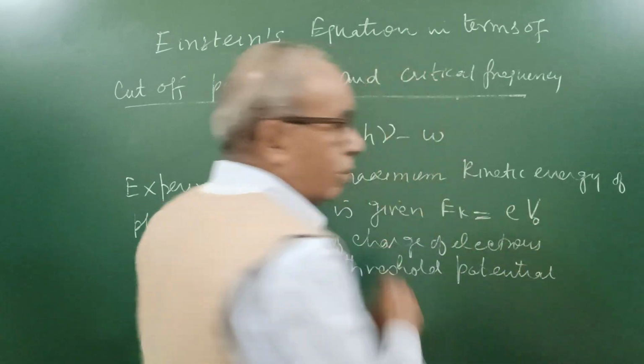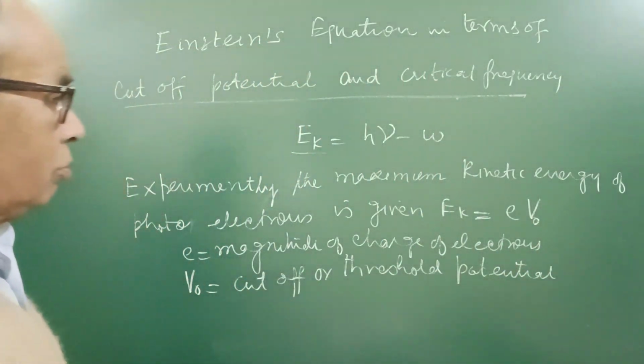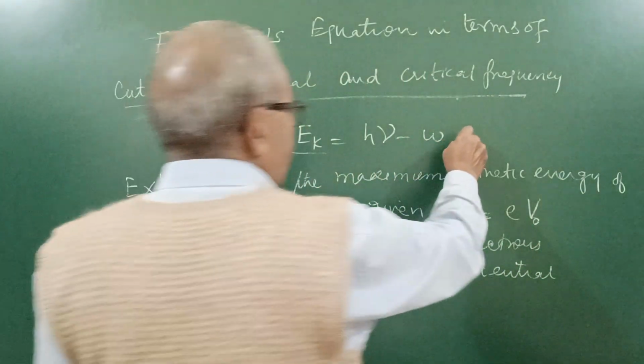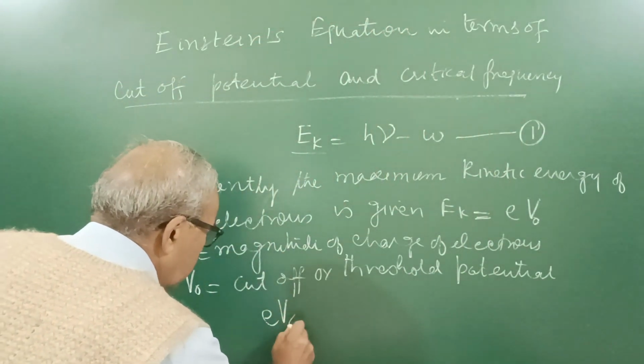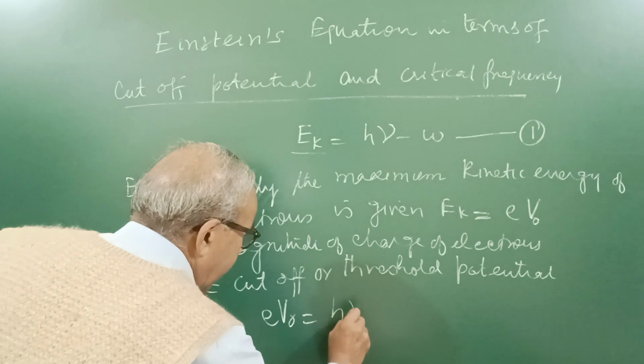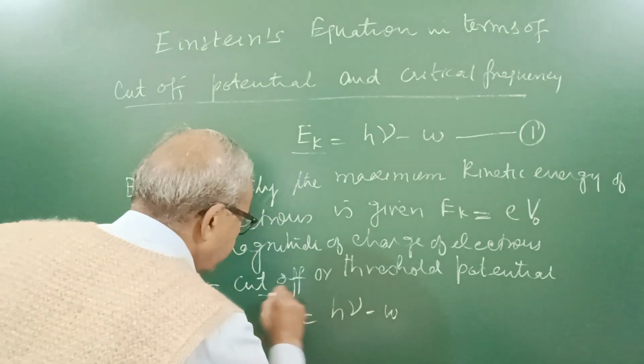I have defined cutoff potential in the last video. So this equation, suppose equation 1, can be written as EV0 equal to h nu minus w.